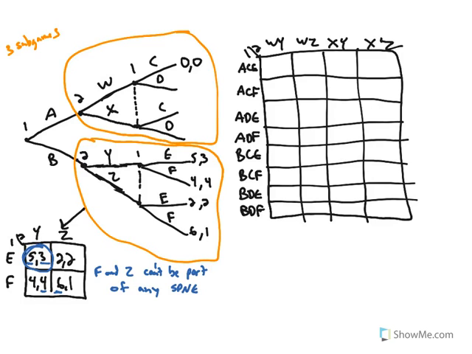Let's make this a 4, 4. Let's make the top one, let's see, 6, 2. And let's make this one a 2, 6. All right.